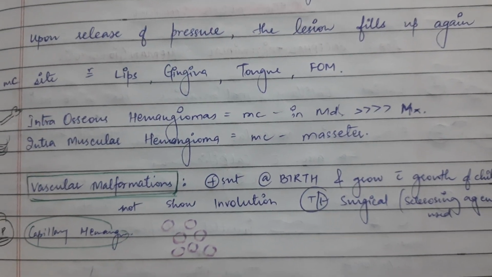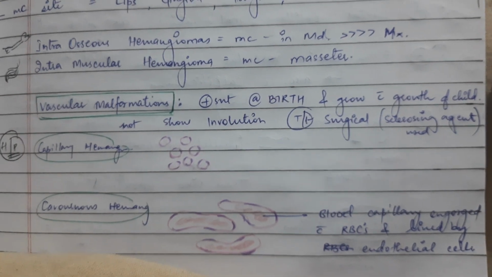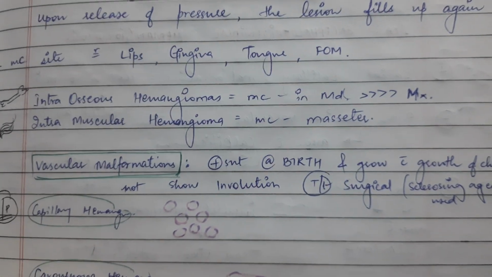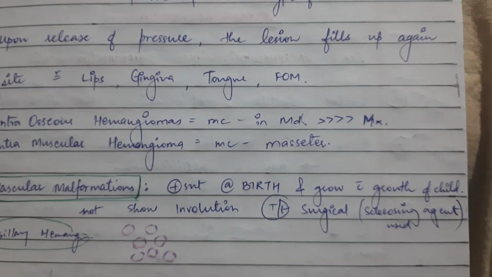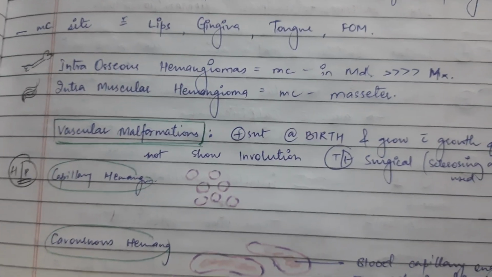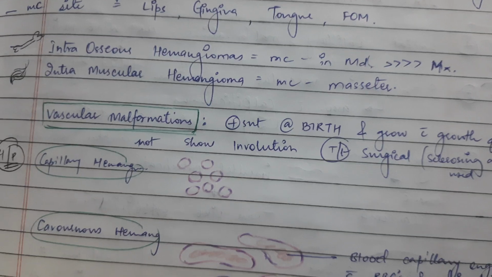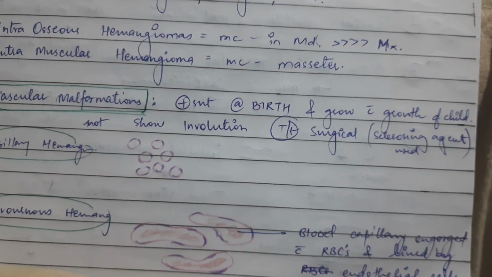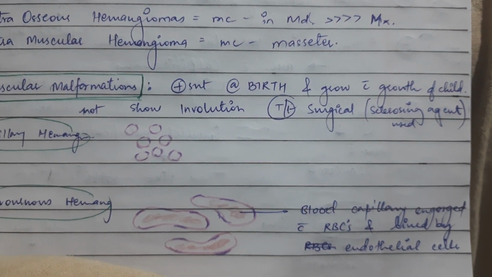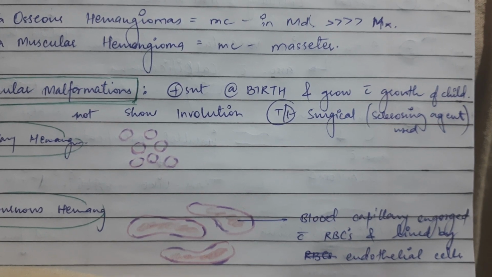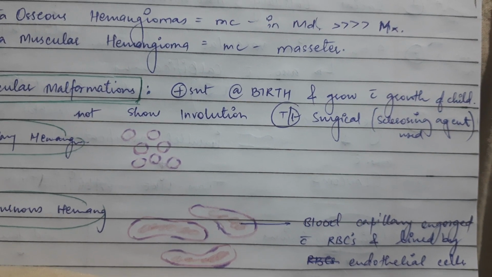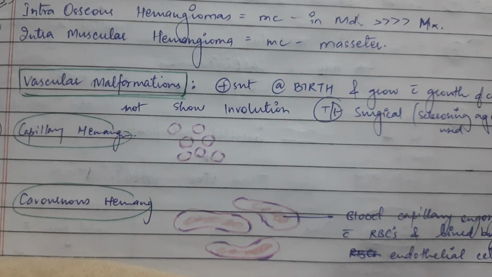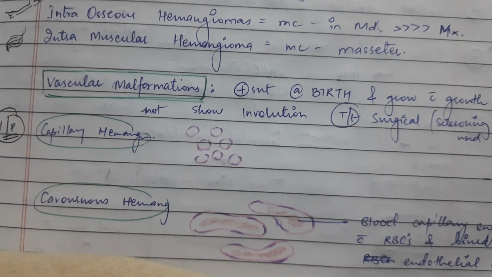The histopathology of capillary hemangioma and cavernous hemangioma: blood capillaries engorged with RBCs and lined by endothelial cells. Capillary hemangioma.